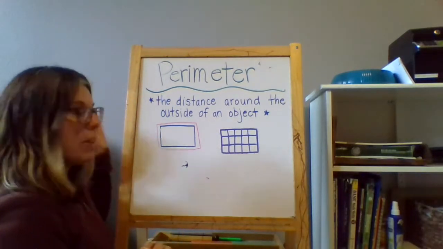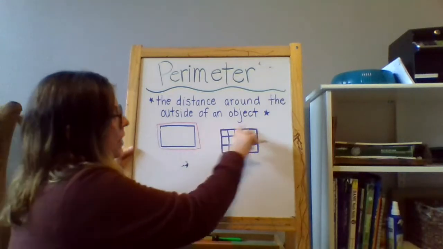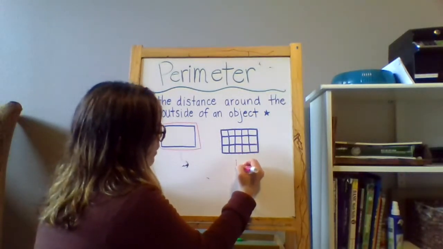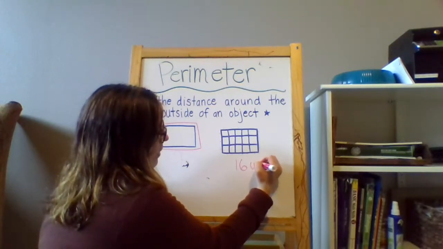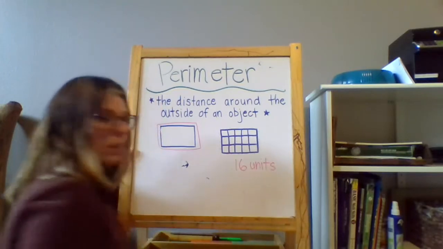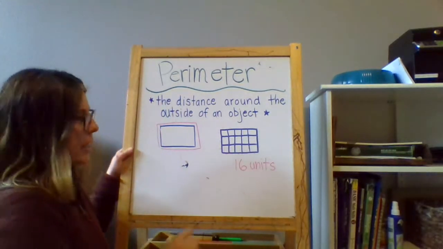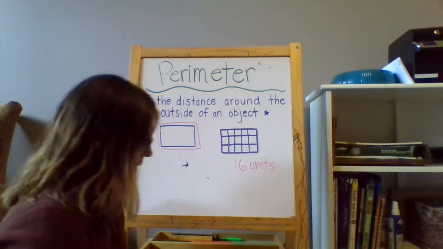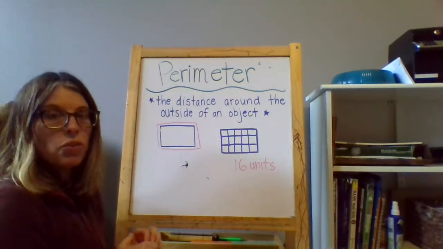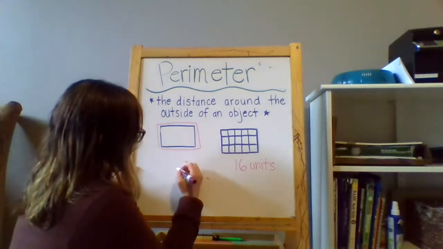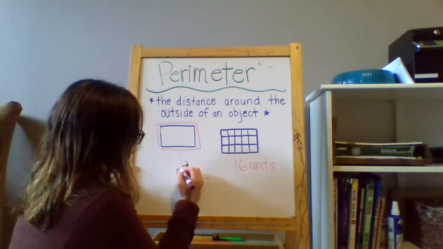So we would say the perimeter of this rectangle is 16 units. Okay? 16 units. So let me give you one, and let's see if you can try to find the perimeter of this one.